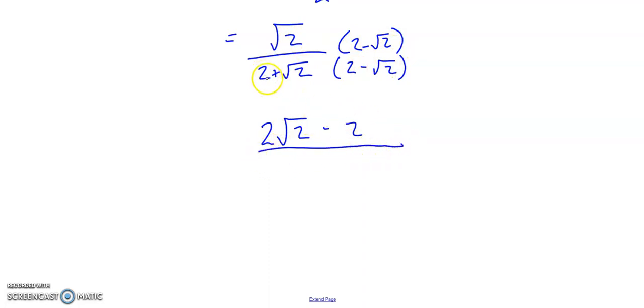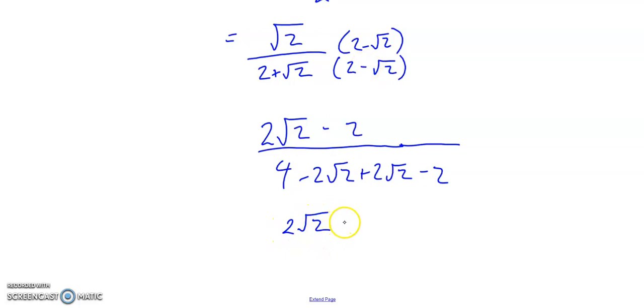Now on the bottom, I'm going to distribute. 2 times 2 is 4. 2 times negative radical 2 is negative 2 radical 2, plus 2 radical 2, and radical 2 times radical 2 is 2, and the signs are different. So we have 2 radical 2 minus 2 over 4 minus 2; the radicals cancel out, and 4 minus 2 is 2.